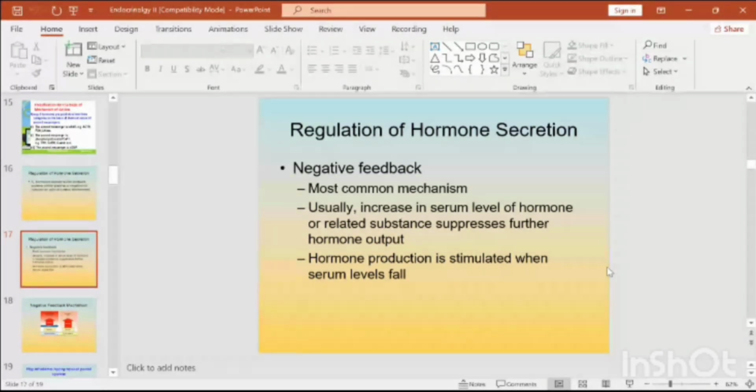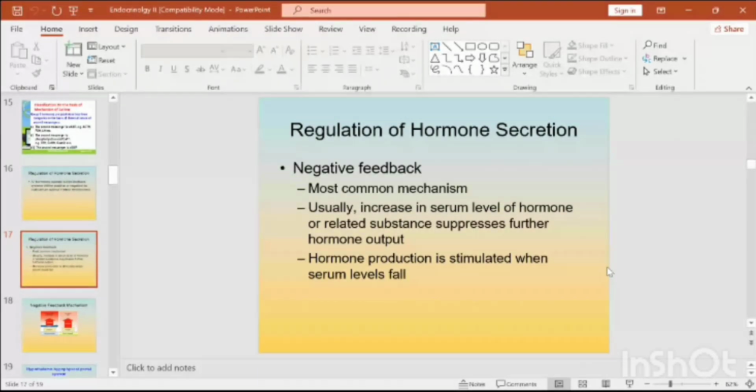But maybe after this class at around lunchtime, you quickly go and get your breakfast, or you eat anything, perhaps a snack, which is a carbohydrate. Two or three hours later, after digestion, your blood sugar level will increase. And immediately it increases, your pancreas will release insulin to bring the sugar level within the normal range.